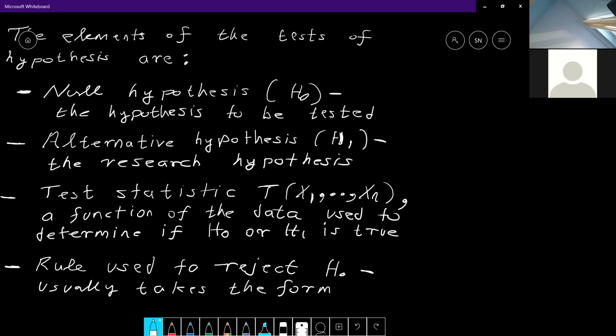It's the rule for rejecting the null hypothesis, and it usually takes one of the following forms.